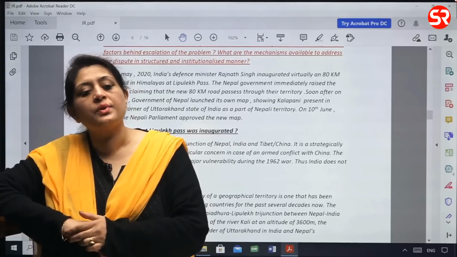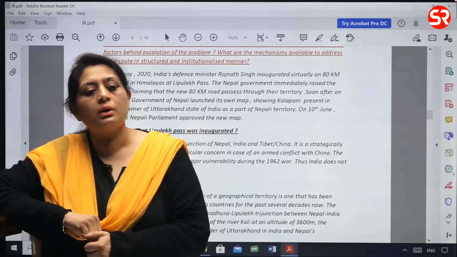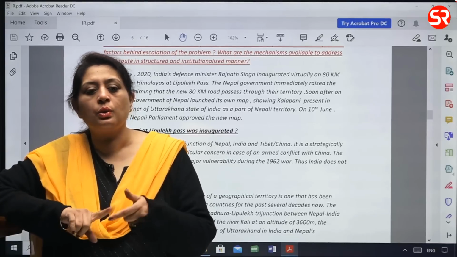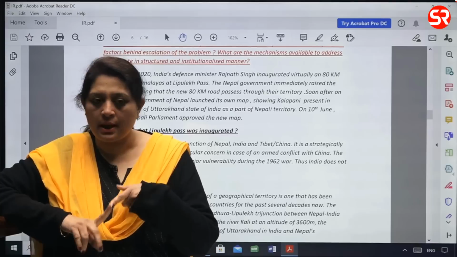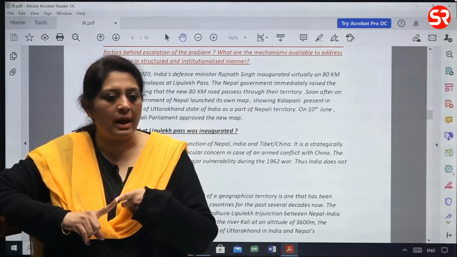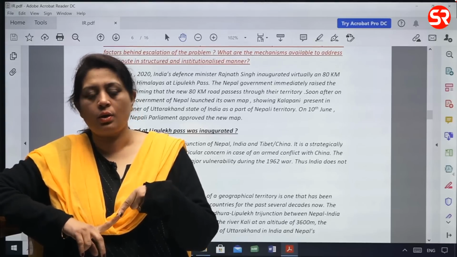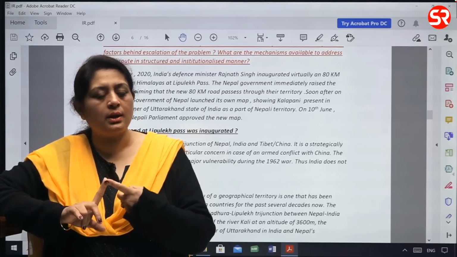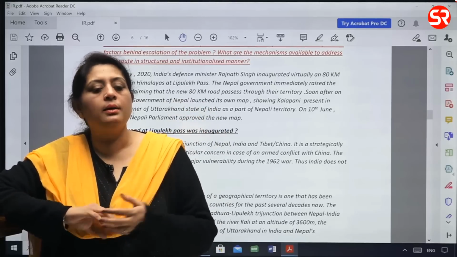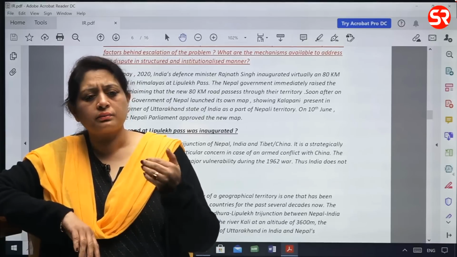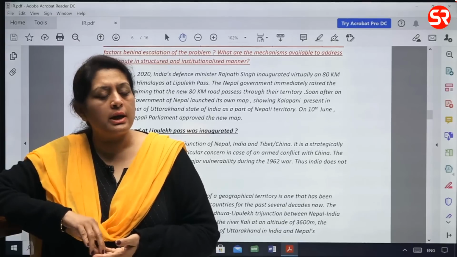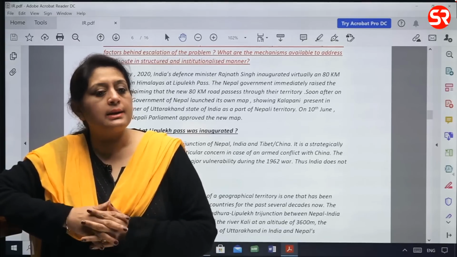Now, from the exam point of view, a question can come on Kala Pani. You should know where this Kala Pani is. Kala Pani is a triangular piece of land at the tri-junction of India, Nepal and China, on the road while going to Mansarovar, and it has strategic importance, especially after the 1962 war.